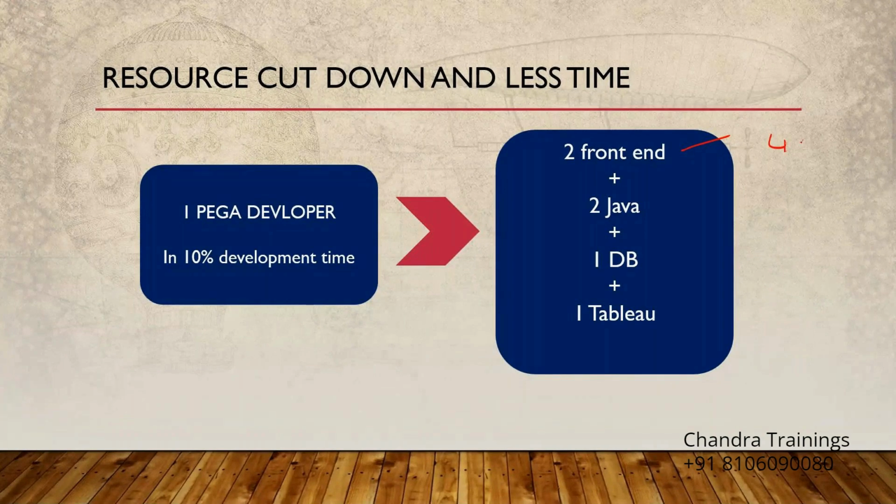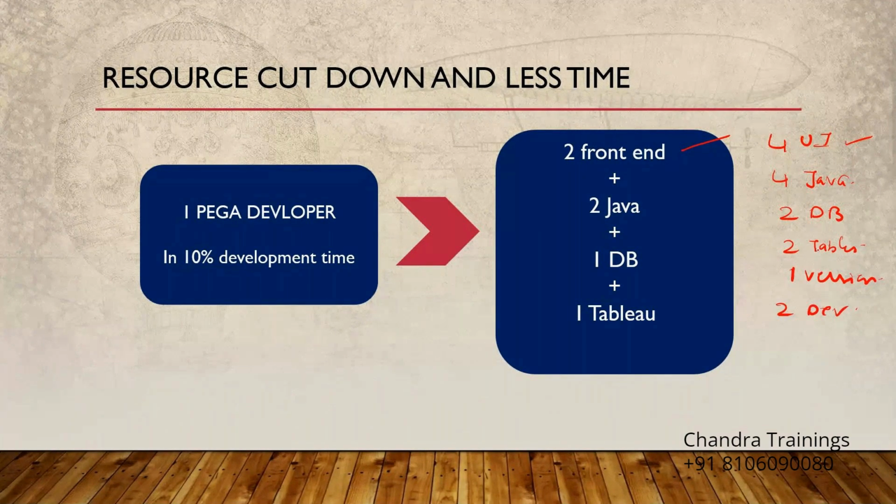Once the front end is done, the back end should start, right? Maybe 4 Java developers, and maybe 2 database developers, and maybe two Tableau developers, and maybe one versioning related admin, and maybe a two-member DevOps team.